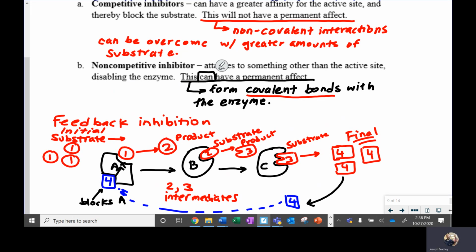Remember, we're saying this is a step-by-step process. Then 2 is converted into product 3, and then 3 is converted into product 4. Once I have enough product 4, some of the 4 is then used to block A to prevent the process from going on. Again, it's maintaining a balance in that way.